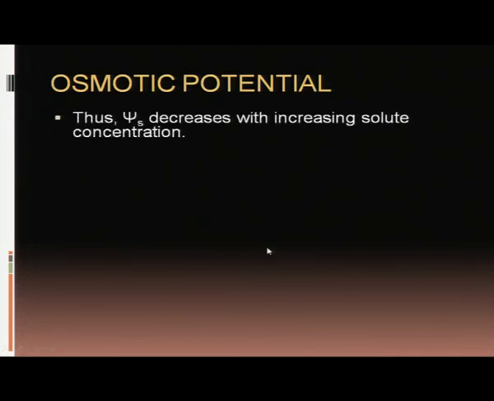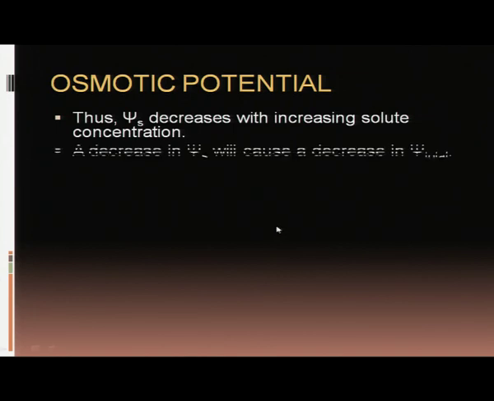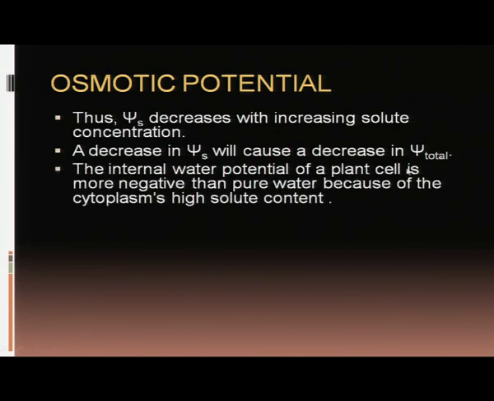Talking about osmotic potential, it is the same as the solute potential. Actually, what happens? The solute potential decreases with increasing solute concentration, and this will cause a decrease in the total water potential of the system. The internal water potential of a plant cell is more negative than pure water because of the cytoplasm's high solute content.